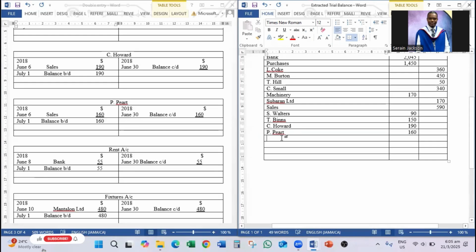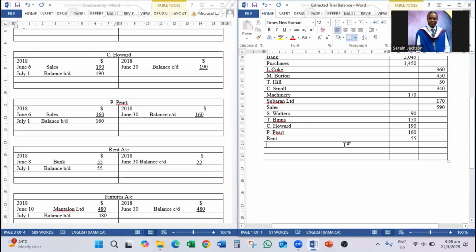And we go to rent account. Rent is an expense, right? So rent is always debited because it is an expense account, right? So it is always going to be debited. So the rent figure is what, 55? Rent is 55, so you put it in 55.